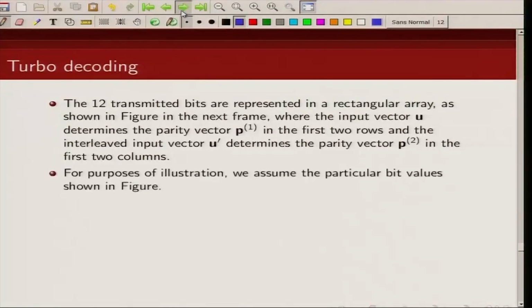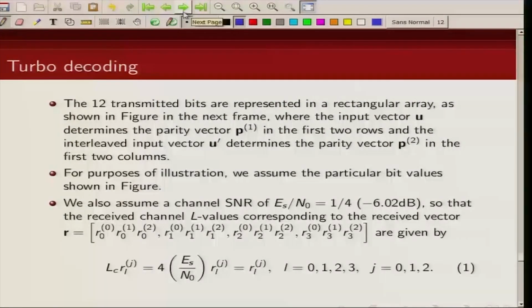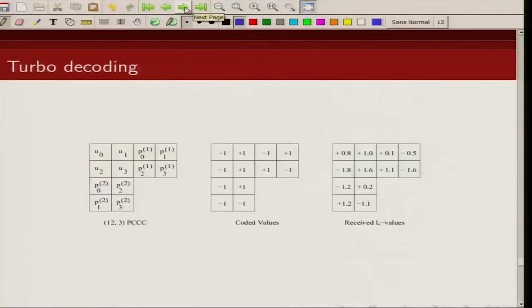I am assuming a channel reliability factor of 1/4, so the likelihood channel reliability factor LC will be basically 1. So LC times the received value will, in my case, be the same as the received value for this particular signal-to-noise ratio. This is just a toy example to illustrate how this decoding works.